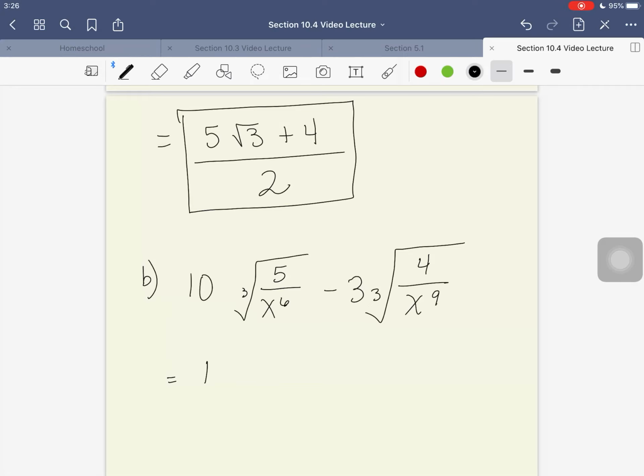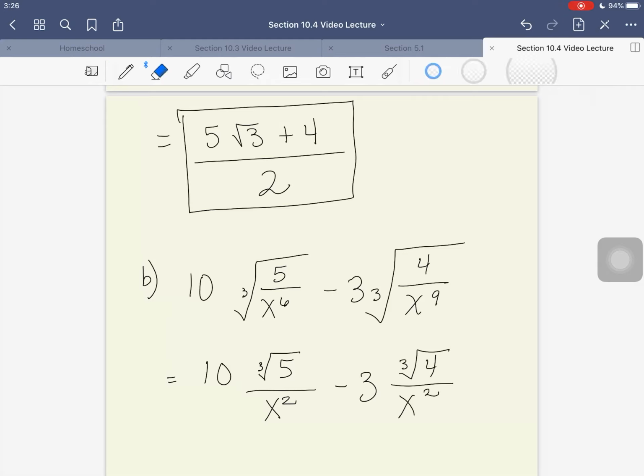I'll make this 10 times the cube root of 5 over x to the 2nd, because the cube root of x to the 6 is x to the 2nd, minus 3 times the cube root of 4 over x to the 3rd.